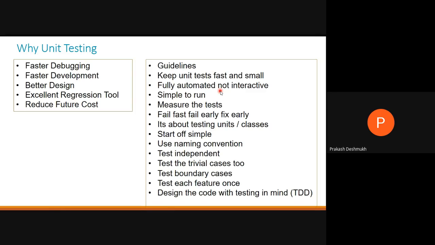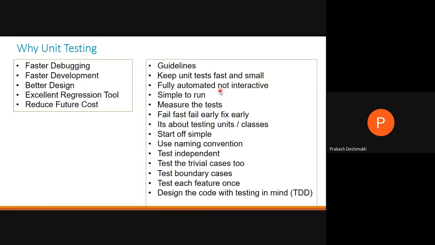Then make tests independent, try to avoid dependencies on other blocks, and test the trivial cases also. You don't know what is trivial and what is important at this point of time. Try to test everything, though you feel it's trivial at this point of time. Then test the boundary cases.